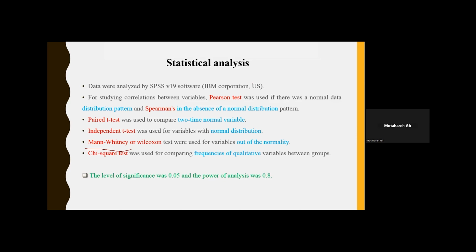Paired t-test was used to compare two-time normal variables. Independent t-test was used for variables with normal distribution. Mann-Whitney or Wilcoxon tests were used for variables out of normality. Chi-square test was used for comparing frequencies of qualitative variables between groups.